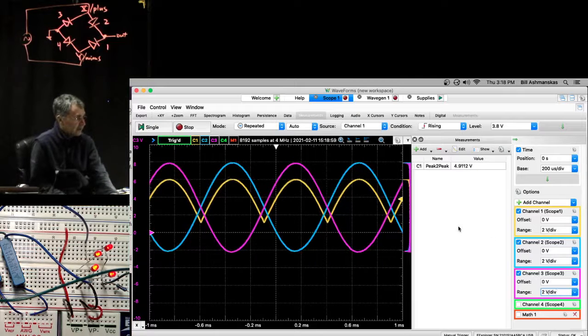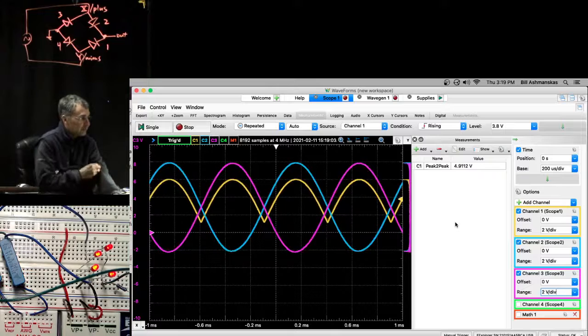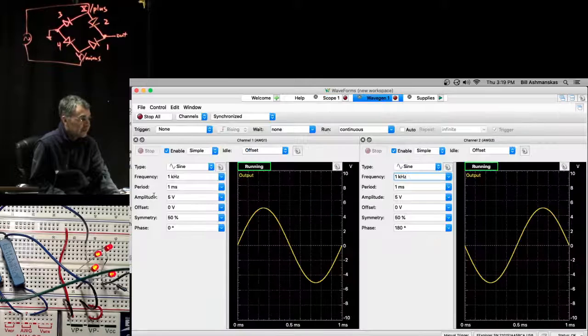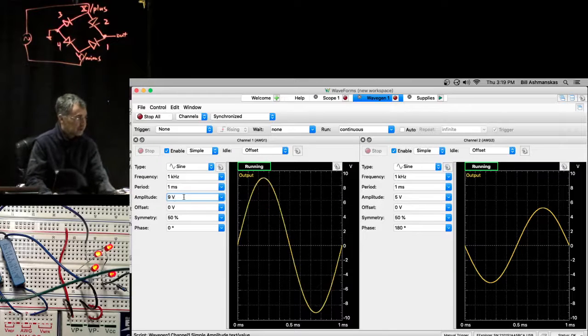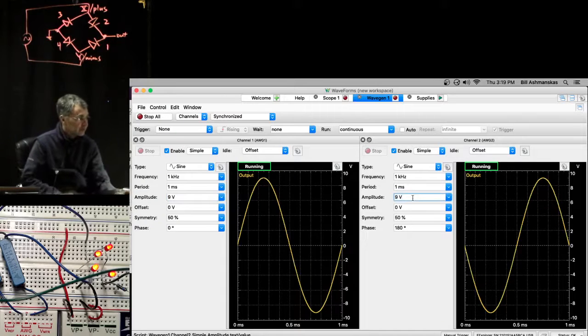And then the next thing I want to do, I think I want to crank up the amplitude a little bit so we can see what happens, see if the diodes are really doing what I drew on the board. So go over to WaveGen. Let's go to 9 volts amplitude on both.